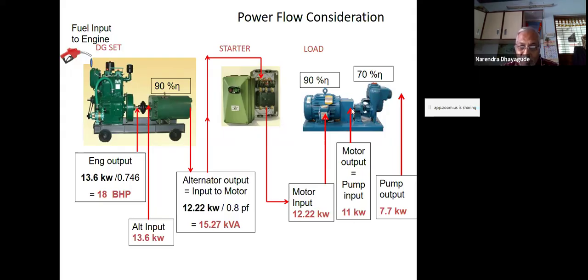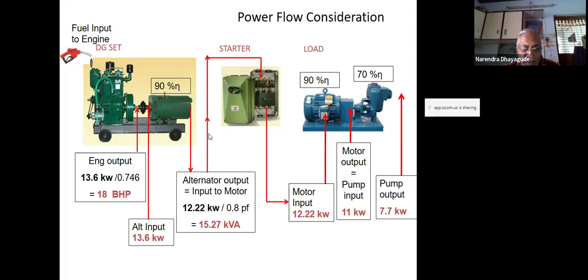When pump input is there, motor output is equal to pump input. The motor efficiency is 90%. So the motor has to have an input of 12.22, because output is 11 kilowatt divided by 0.9. So this input is 12.22. Now in between there is a starter. The starter doesn't consume any energy.